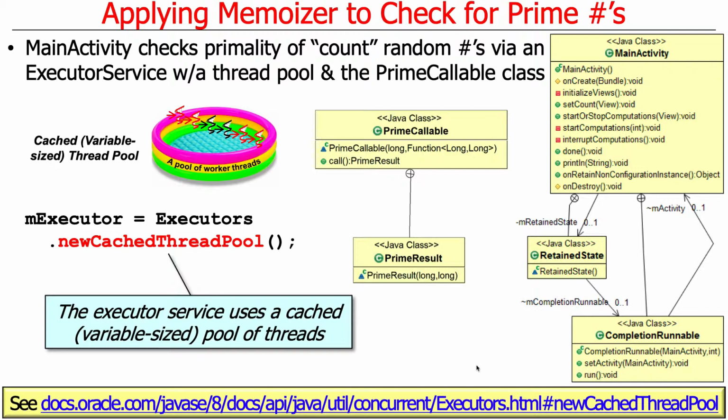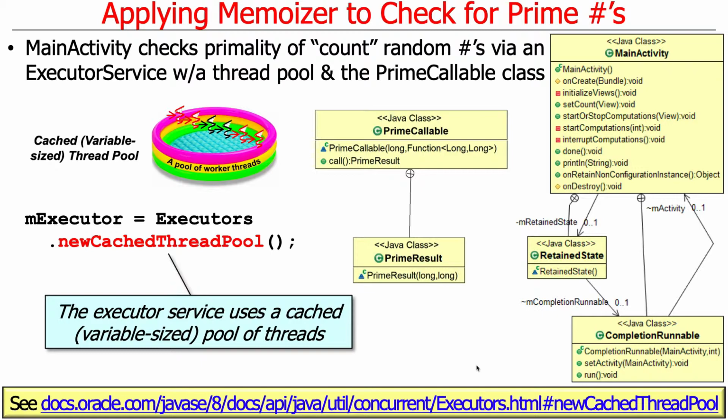Just to be fun, this time we use an executor service that has a cached or variable size pool of threads. The last one we used a fixed size pool of threads. That was the executor service implementation we looked at before. This one, just to be a little different, uses a cached pool of threads. And what will happen is, as you start running these requests, it'll spawn a thread for each new request, which actually could be a lot of threads.